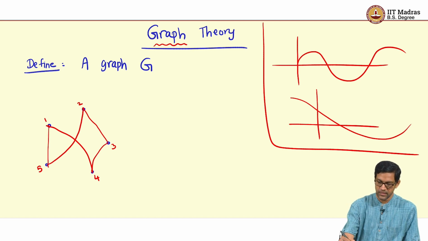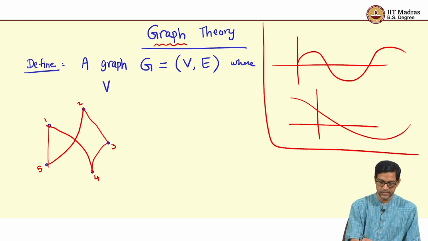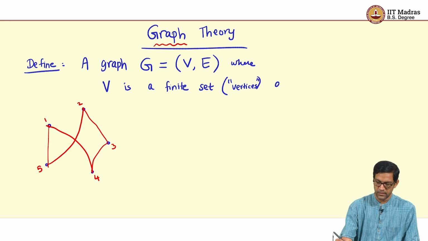So, a graph G formally is a pair comprising two sets V and E, where V is a finite set, and this finite set is usually called the set of vertices of the graph, and the set E is the following.